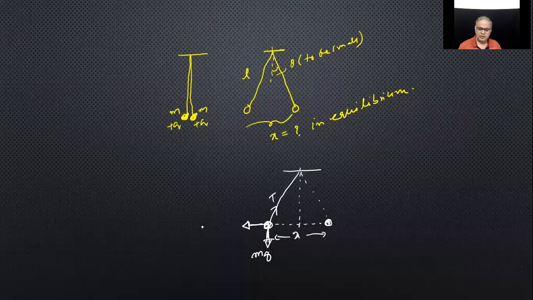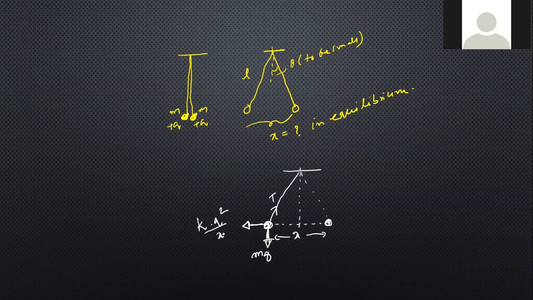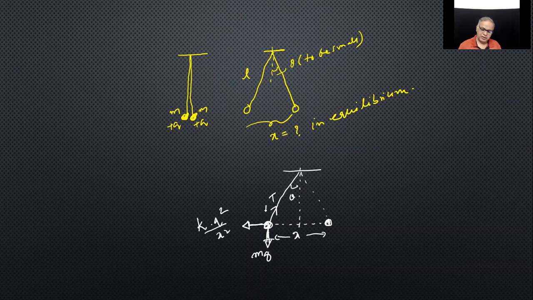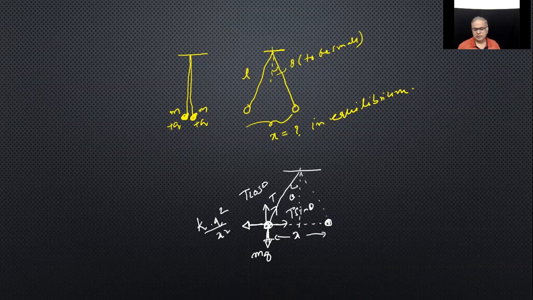you could write this as k q square by x square. If this angle was theta, resolve T cos theta here, T sin theta there.